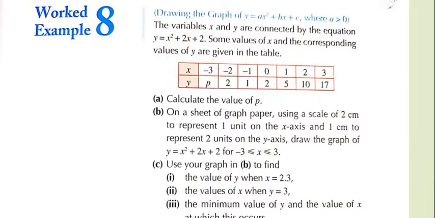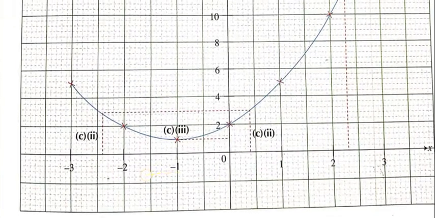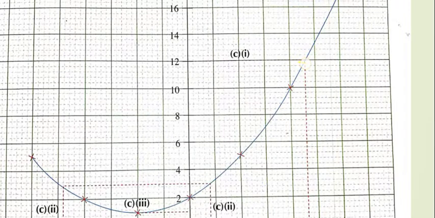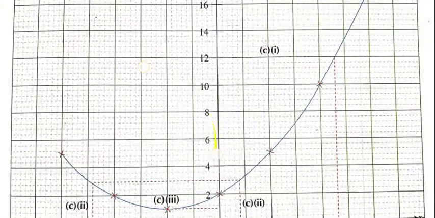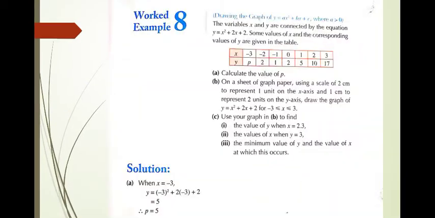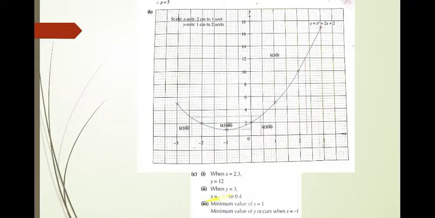But given that you have the graph, you can just look at the graph. So 2.3 is here. Just pull up, and when you meet the graph, you project it to the left side. You will meet 12 at the y-axis. So y is 12.